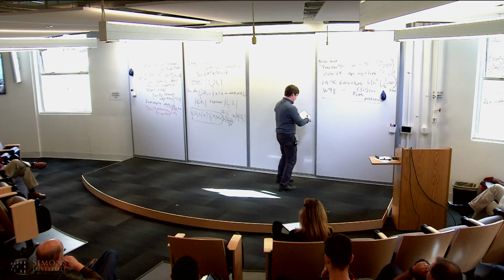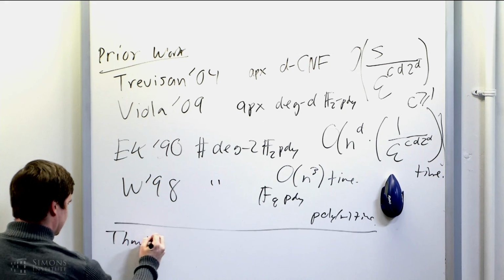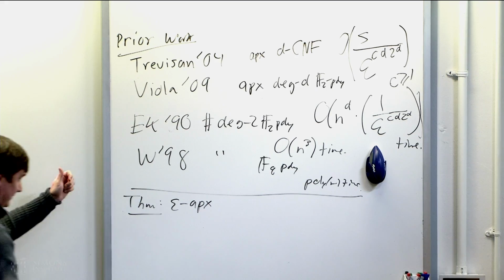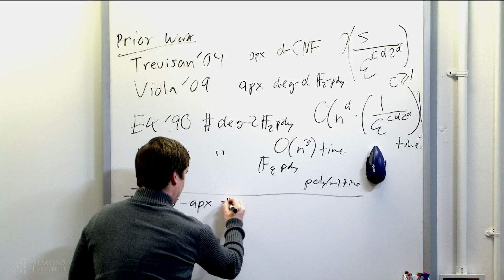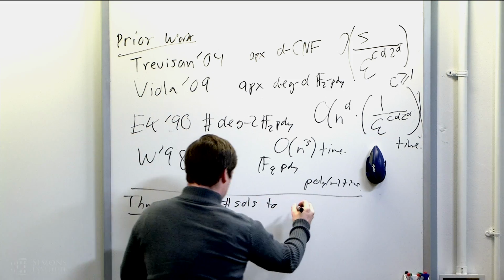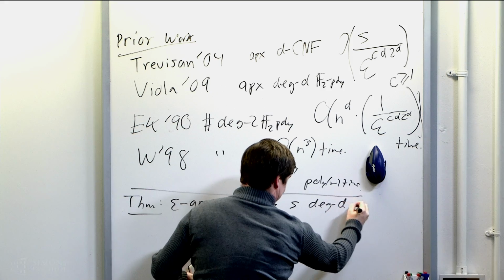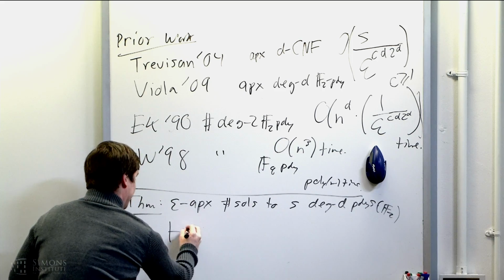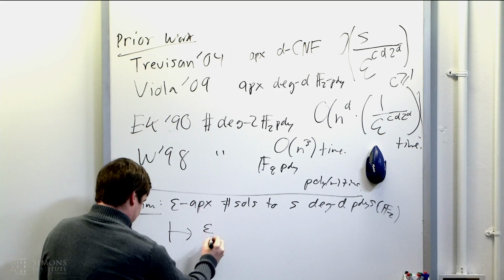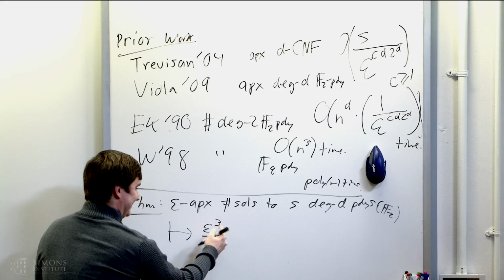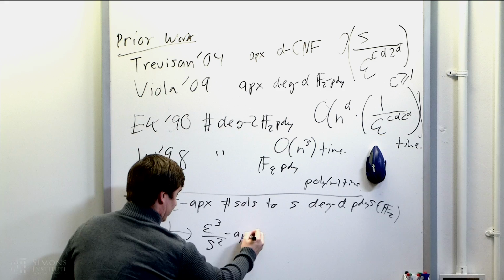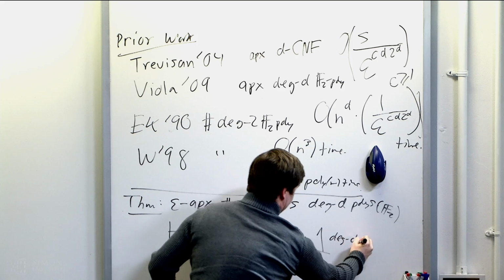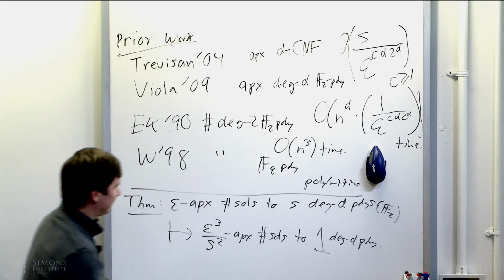What this representation is saying is that if you've got an epsilon approximation, so you're approximating the fraction within additive epsilon to the number of solutions to, say, S degree D polynomials over F2, we can always reduce this to making our epsilon slightly smaller, epsilon cubed over S squared, approximation to the number of solutions to one degree D polynomial. So that's nice. It's a general reduction.